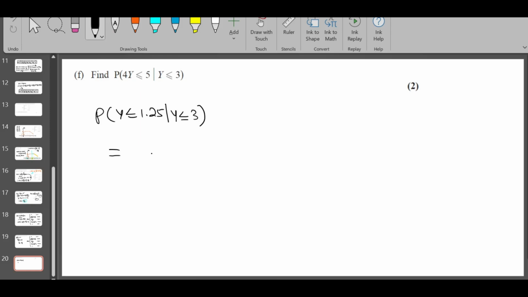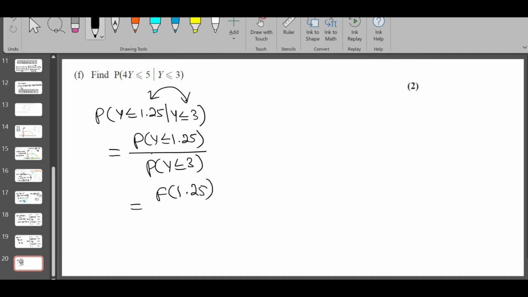P of A given B is P of A intersection B over P of B. The intersection of these two is same as P of y is less than or equal to 1.25, right? You can put it on a number line to find out the intersection. This is same as f of 1.25 divided by f of 3.